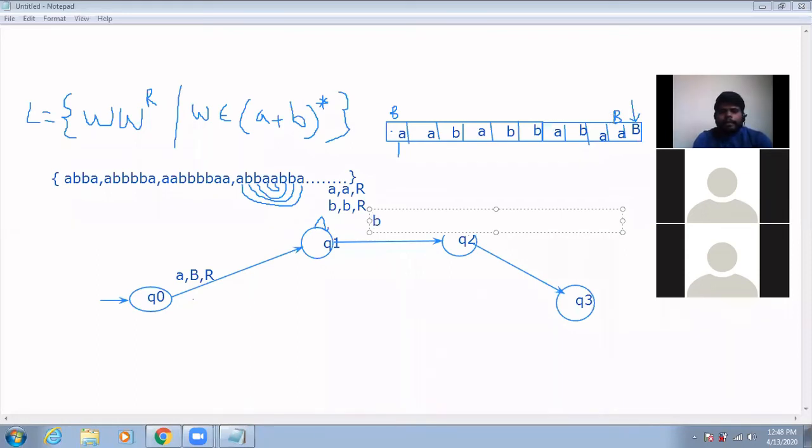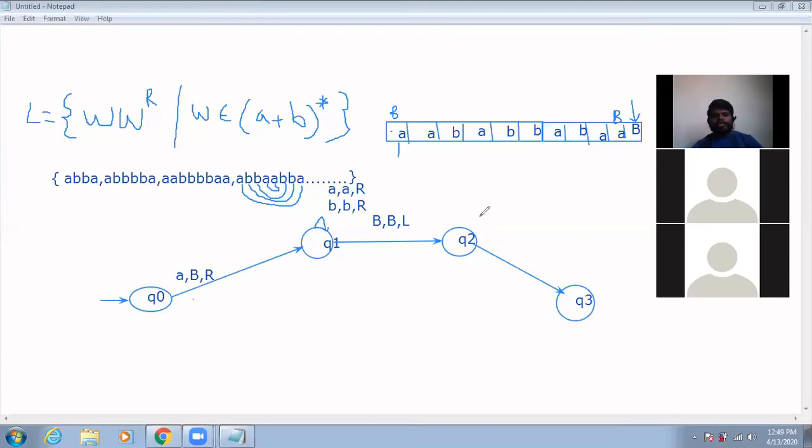So blank comma blank, and you move left. While moving left, you encounter A, so you again replace A with blank, blank on blank, moving left.